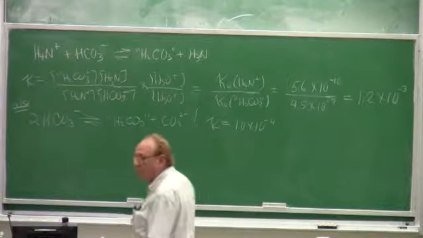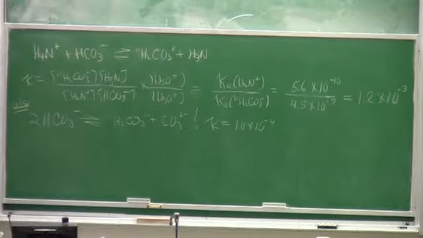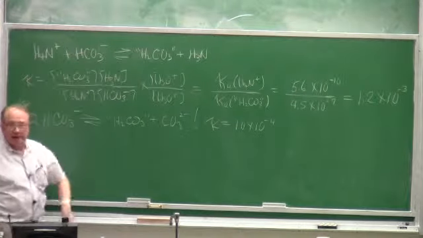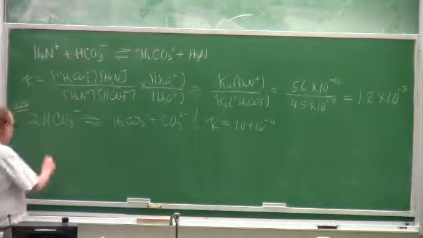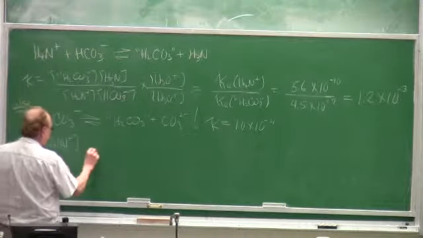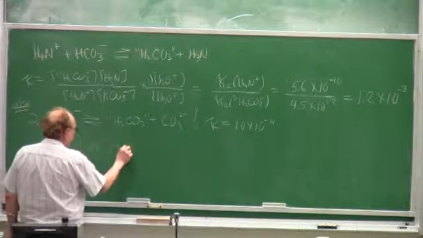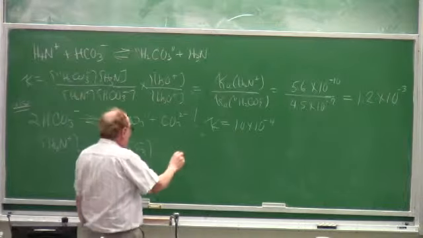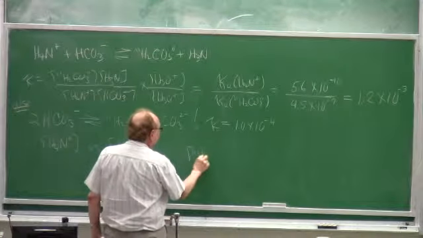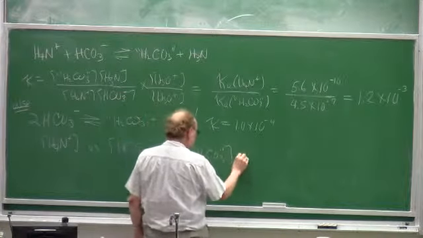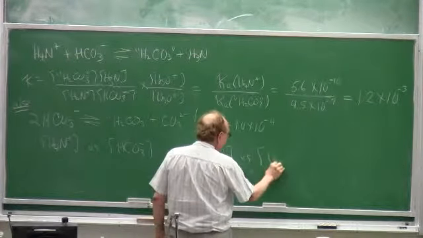Because at equilibrium for this solution, how must the ammonium ion and bicarb molarities compare? How must they compare? For this solution at equilibrium, how must the molarity of this compare to the molarity of this?